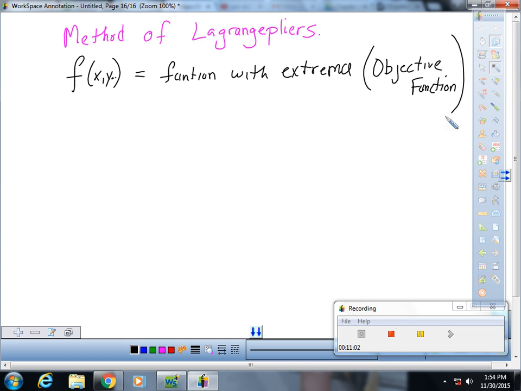Meaning we are trying to make it as big as possible or as small as possible. Okay? G is going to be a function of the same variables. That's very important. So I could have a little dot, dot, dot here as well. And this is our constraint equation. Okay? And so that is going to equal c, some constant.